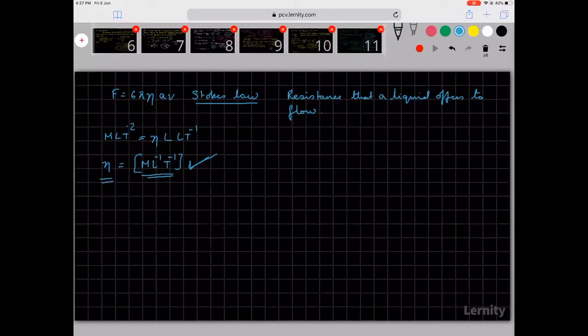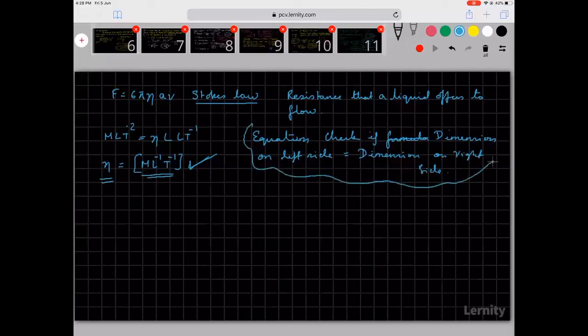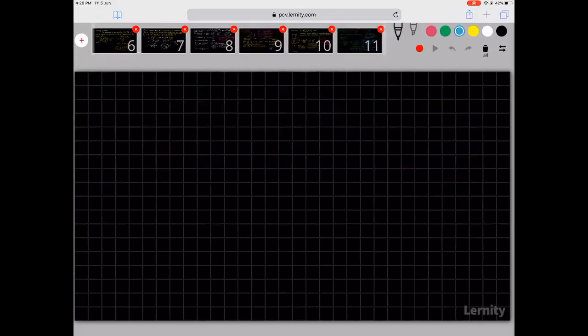Now onwards, whenever you write an equation, check that the dimension on the left side equals the dimension on the right side. Okay, so remember this.